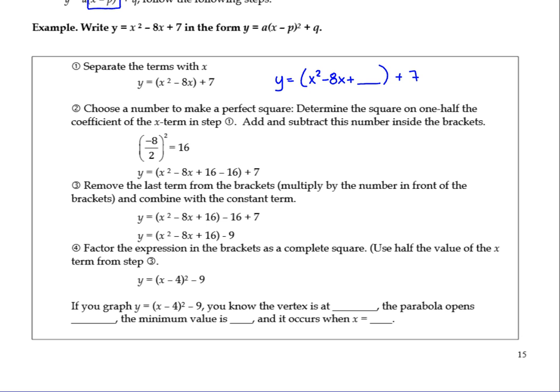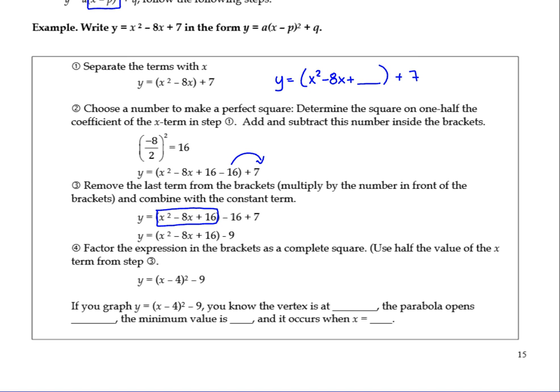And that's okay. We're going to then move the negative 16 out of the brackets. We're going to take it out because we don't want that. We just want the plus 16. We want this, which is a perfect square. And so the negative 16 plus 7 will collect like terms, make it minus 9.